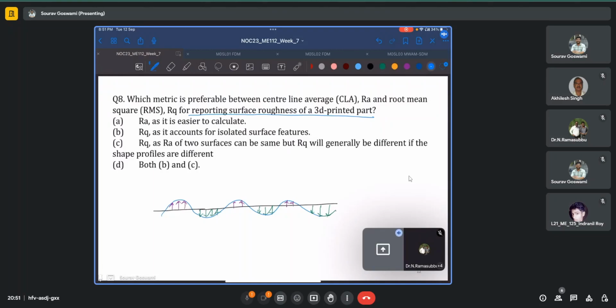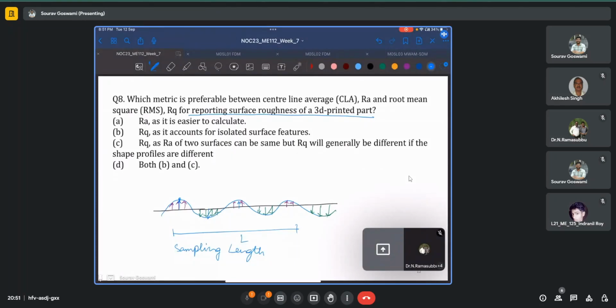Once this line is constructed, I measure the distance of these asperities from this line for a certain sampling length, which need not be equal to the length of the part. It can simply be a subset, and then report my average surface roughness.